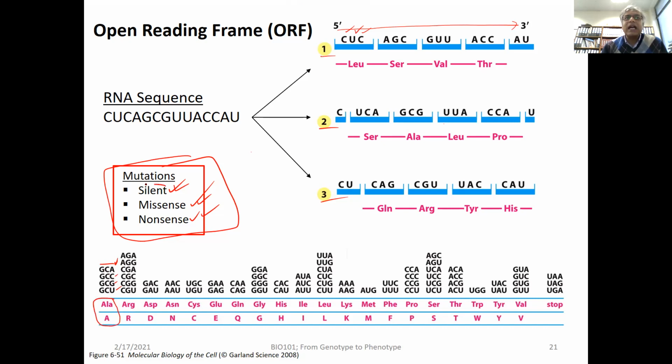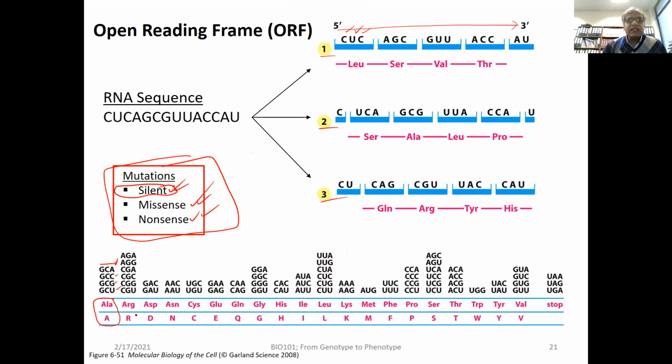So we call this silent mutation. Mutation is there, but we are lucky our protein remained the same. So this mutation has no change of amino acid. That is called silent mutation.